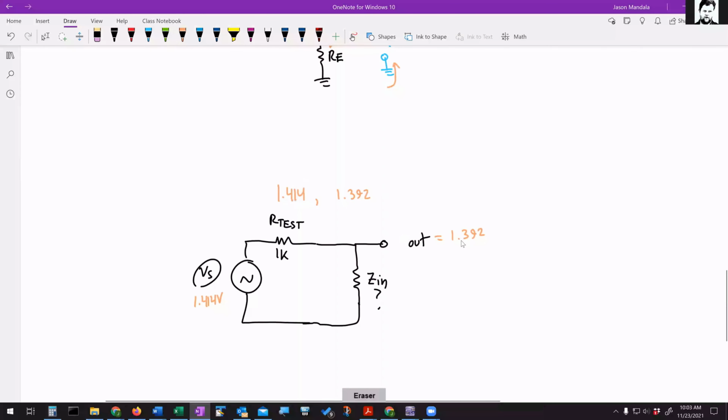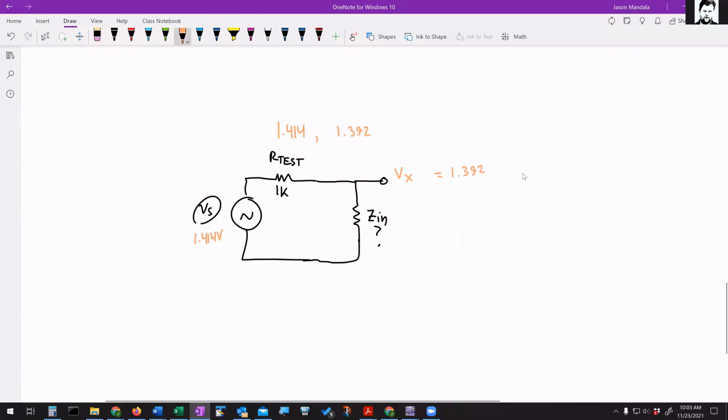I shouldn't really call this Vout because that can be ambiguous, because sometimes we're talking about input and sometimes output. Let me just call that Vx.